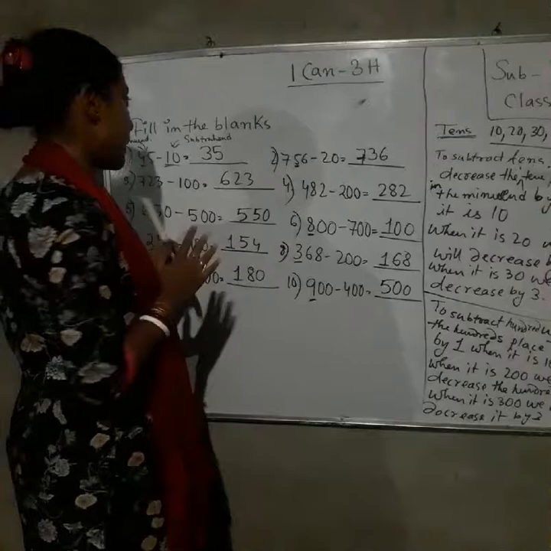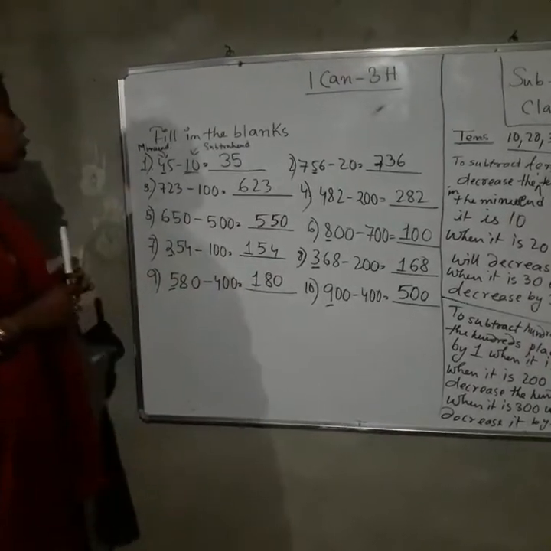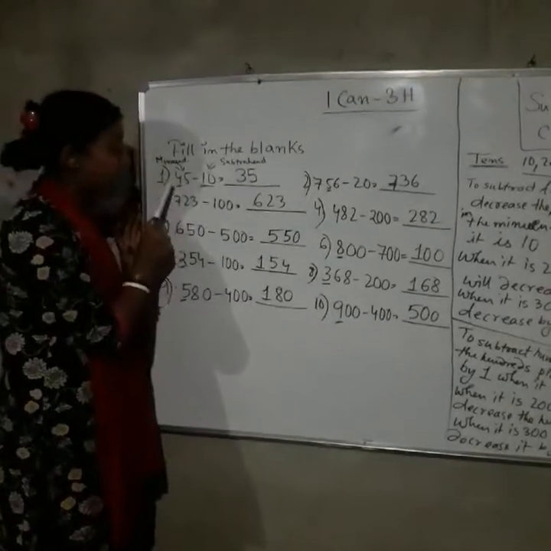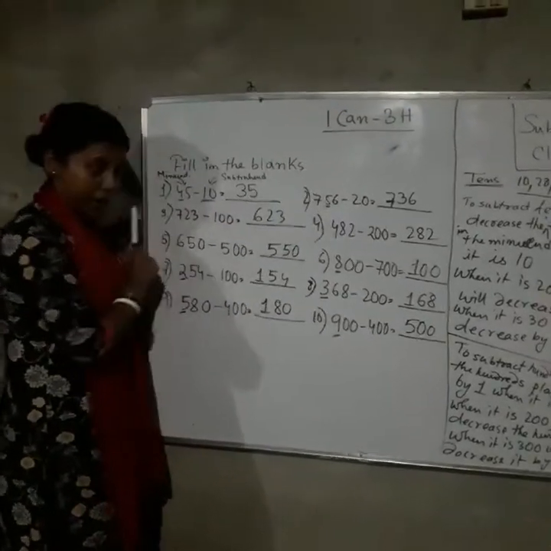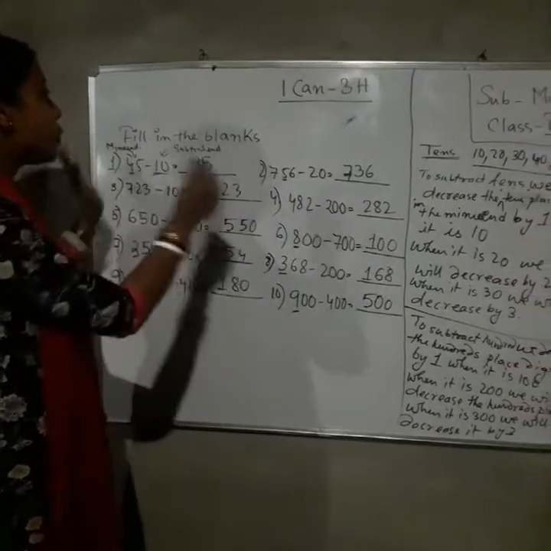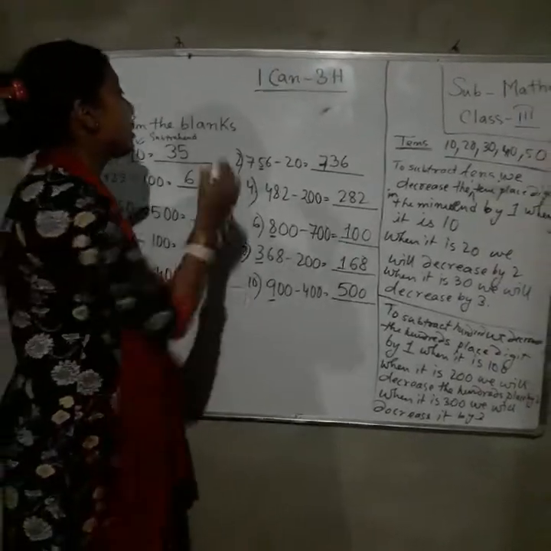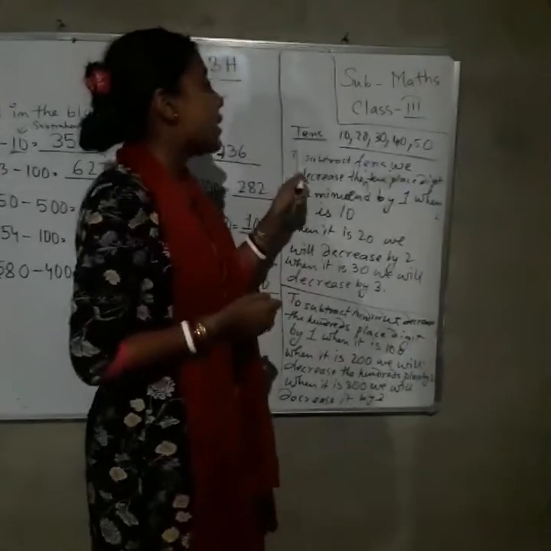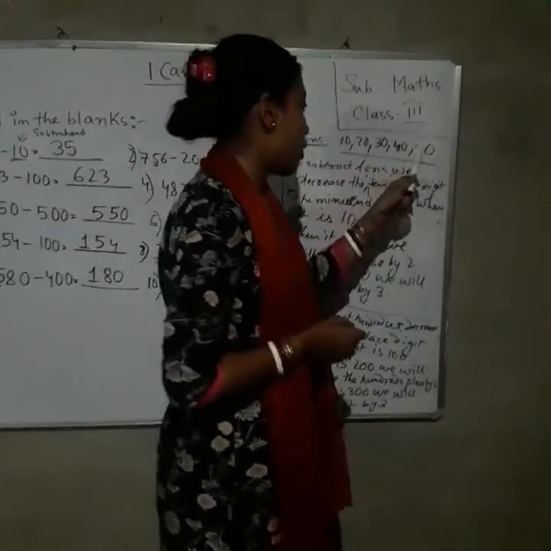So students, I will repeat it again. Listen very carefully. In our previous classes, I told you that this is the minuend and this is the subtrahend. To fill up the blanks in 1 can 3, we need to know all this. Tens are 10, 20, 30, 40, 50.